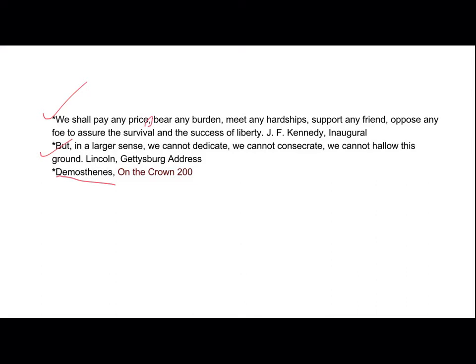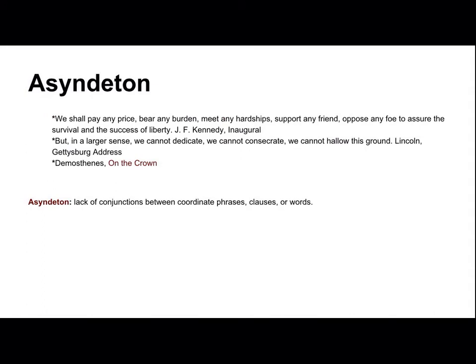Well, there's a lot of commas. A lot of commas linking together phrases. And that's an asyndeton. A means the absence of a connector. Syndeton means a connecting or a bringing together.